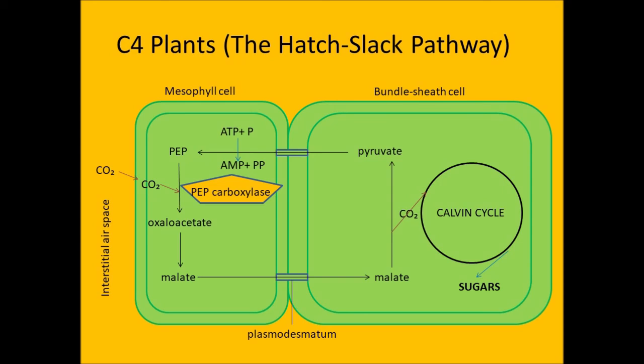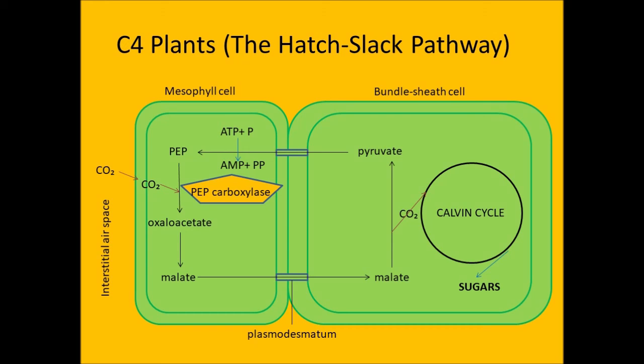The process of the 4-carbon pathway is a 2-step process that takes place in 2 separate cell types, the outer mesophyll cell layers and the inner bundle sheath cell layer. This pathway is also referred to as the Hatch-Slack pathway. The mesophyll cells absorb carbon dioxide from air available in the interstitial spaces surrounding the mesophyll cells as absorbed through the leaf stomata. The carbon dioxide is fixed into phosphoenolpyruvate molecules within the mesophyll cells and produces oxaloacetate and then malate.